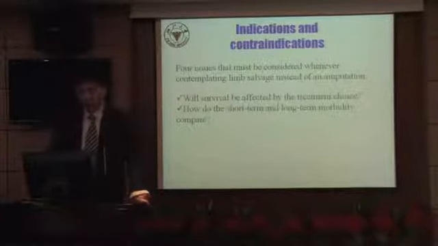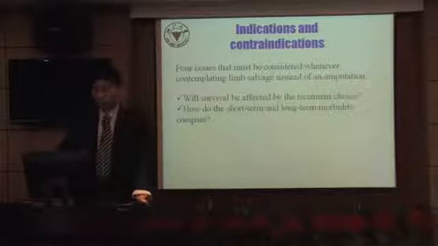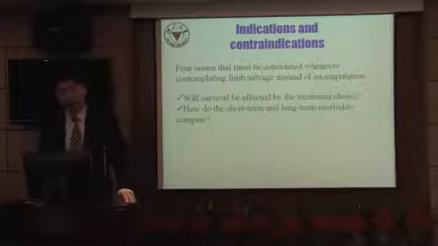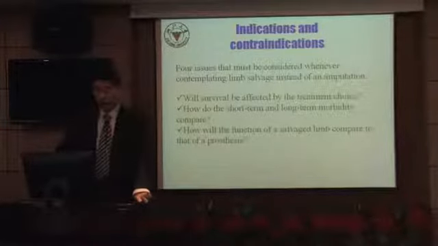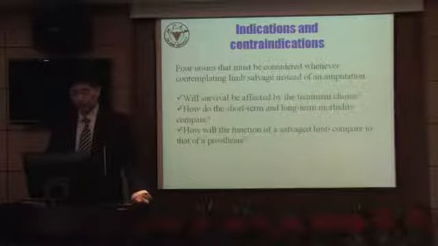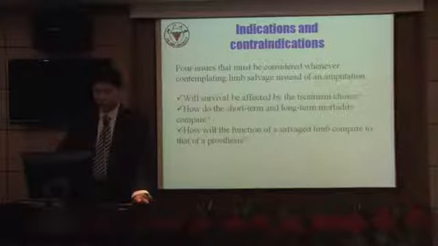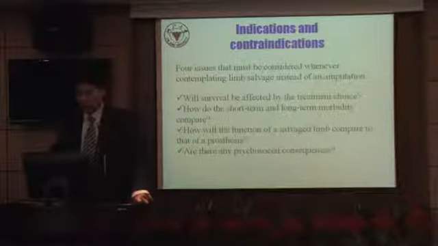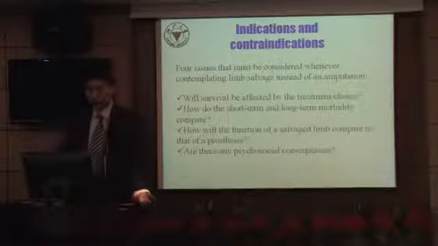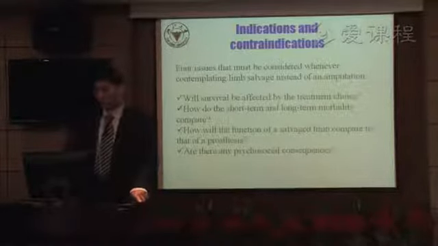And the second question, how do the short-term and long-term mobility compare? And the third question you should ask is, how will the function of a salvage limb compare to that of a prosthesis? And the fourth question is, are there any physical or psychological consequences?